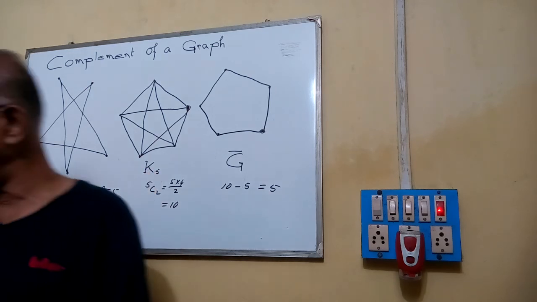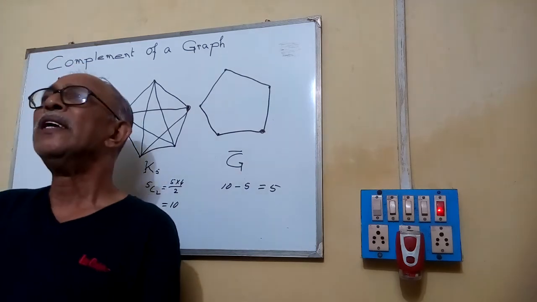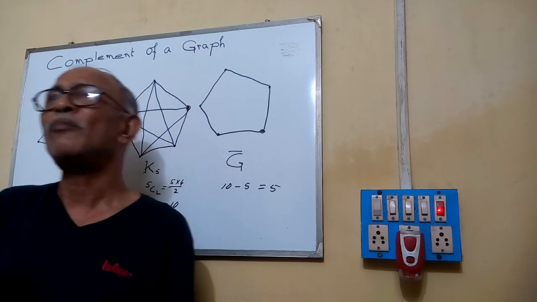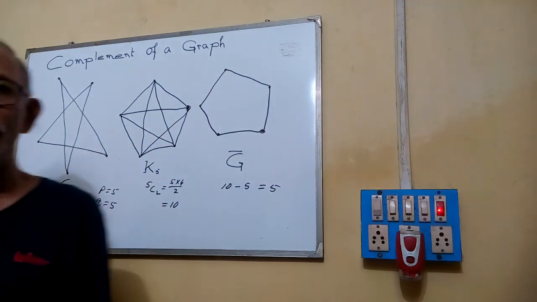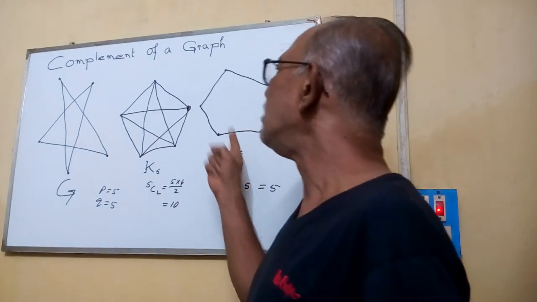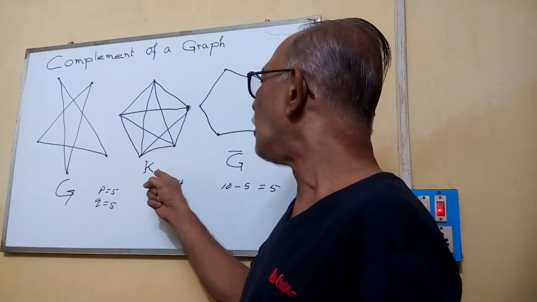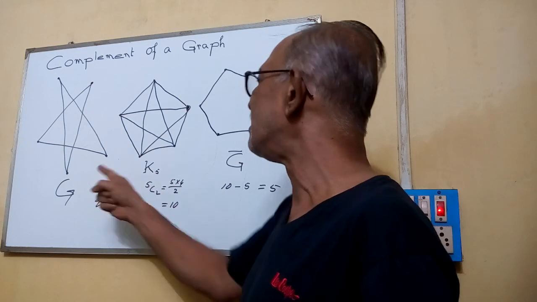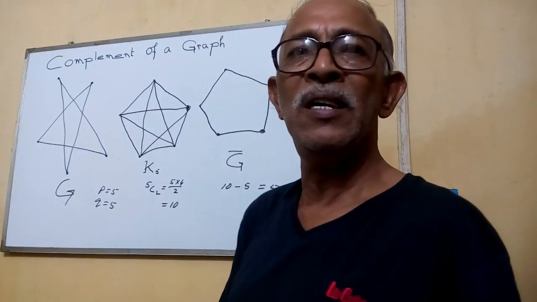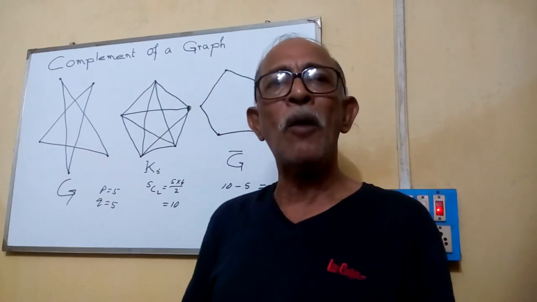So once again I am reminding you that in complement of a graph, all the vertices of the original graph will be there, and only those edges will be there which are present in the complete graph of P vertices but not present in G. That is all about complement of a graph.